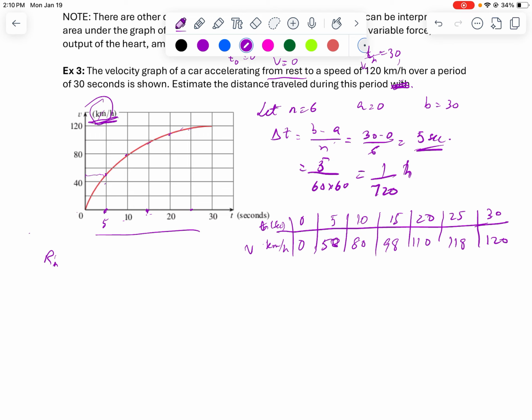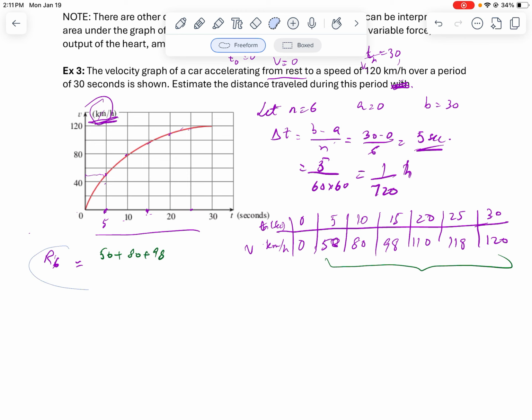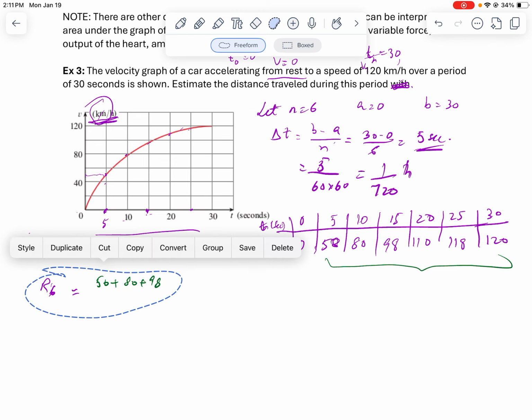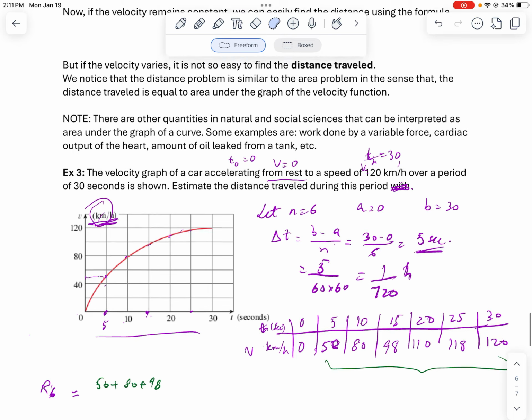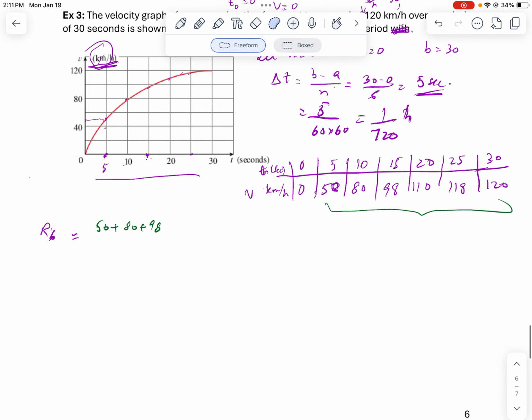I get 50 plus 80 plus 98, below, because it will otherwise clash with that. 98 plus 110 plus 118 plus 120, and then we will multiply the whole thing by 1 over 720.